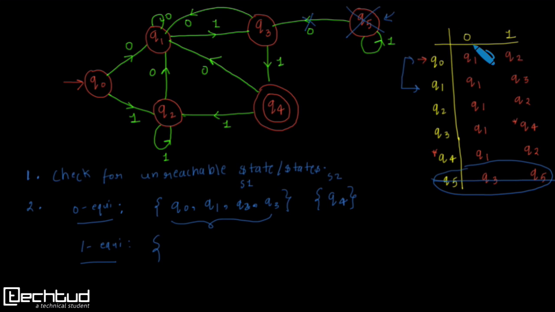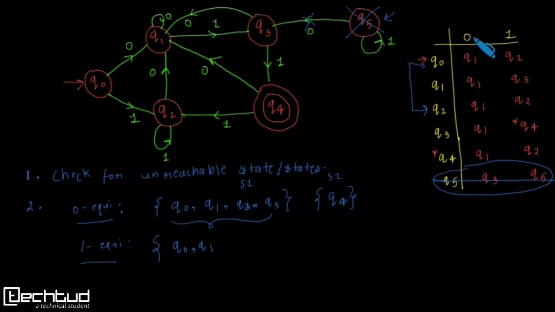So if the transitions are going to the same set, then we can group those states. So here you can group Q0 and Q1. Q0 and Q1 are one equivalent also. Now we will check Q2. We can check Q2 with any one of them, but let's choose Q0 for checking. Q0 on input symbol 0 is going to Q1, which is in set 1, fine.